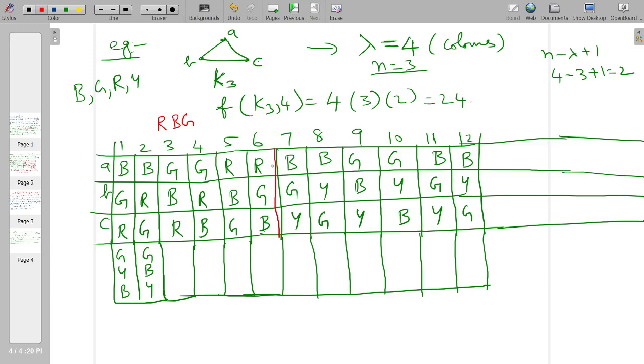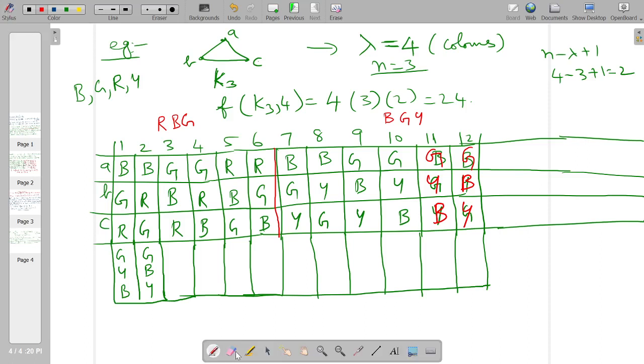I don't know what I have missed here. Now I have taken blue, green, yellow. Sorry, I think I have repeated this again. Blue, green, yellow; blue, yellow, green. It gets repeated here. So let me write: green, yellow, blue; green, blue, yellow. Now I have only 12 combinations.